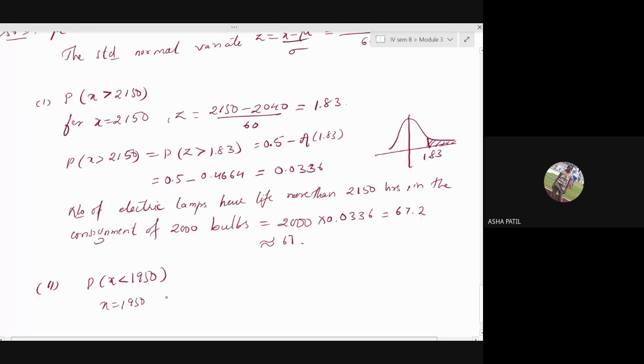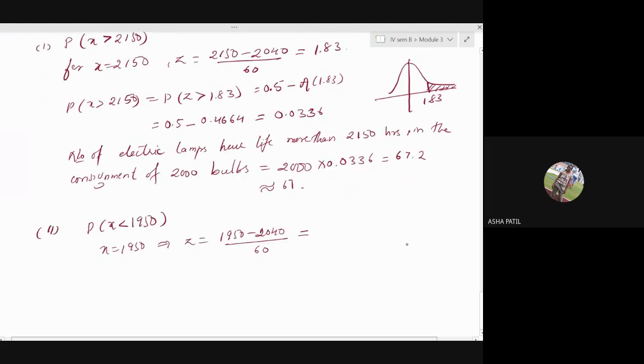X equal to 1950 implies Z equals 1950 minus 2040 divided by 60, which is minus 1.5. Then probability that X is less than 1950 is probability that Z is less than minus 1.5. How to go for less than minus 1.5?